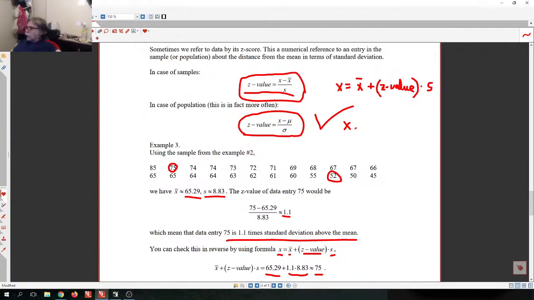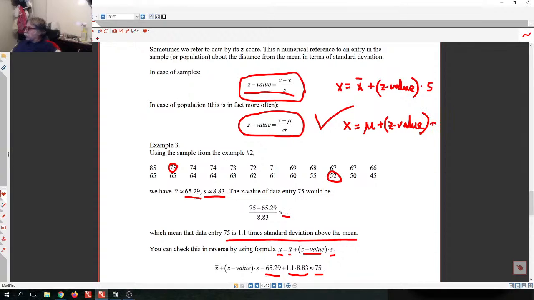The mean for the population is labeled Greek character mu. Z value is still the same. If your algebra is good, you don't need to have any of that.